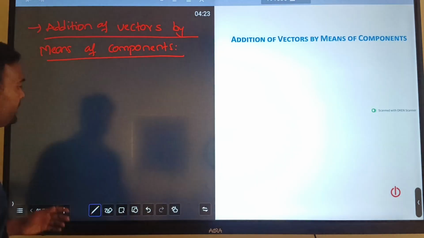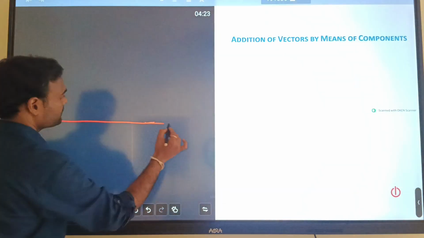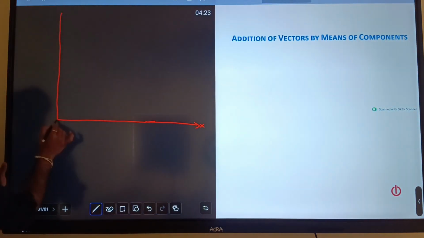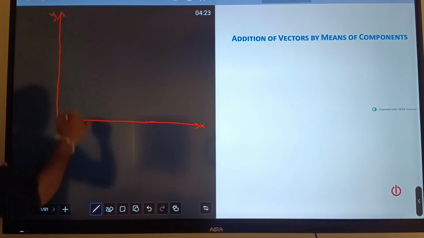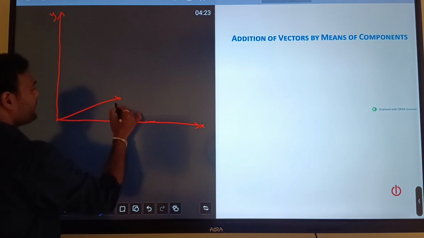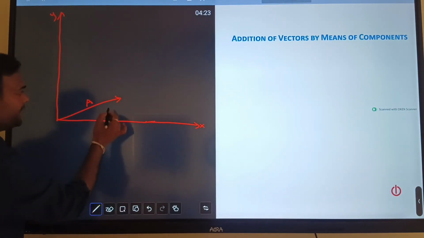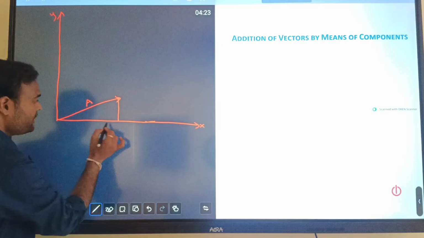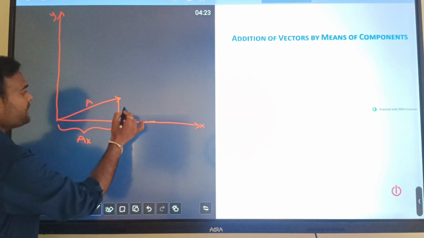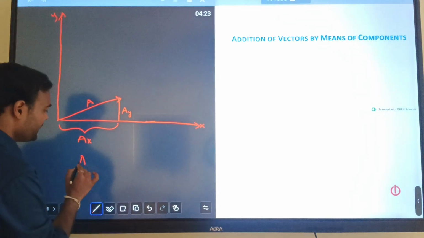See here, let us assume this is the x-axis, this is the y-axis. Over this x-axis and y-axis, a vector is present. Let us name it A. This vector will have its component on the x-axis as Ax, and its component on the y-axis as Ay. Now A is a vector.